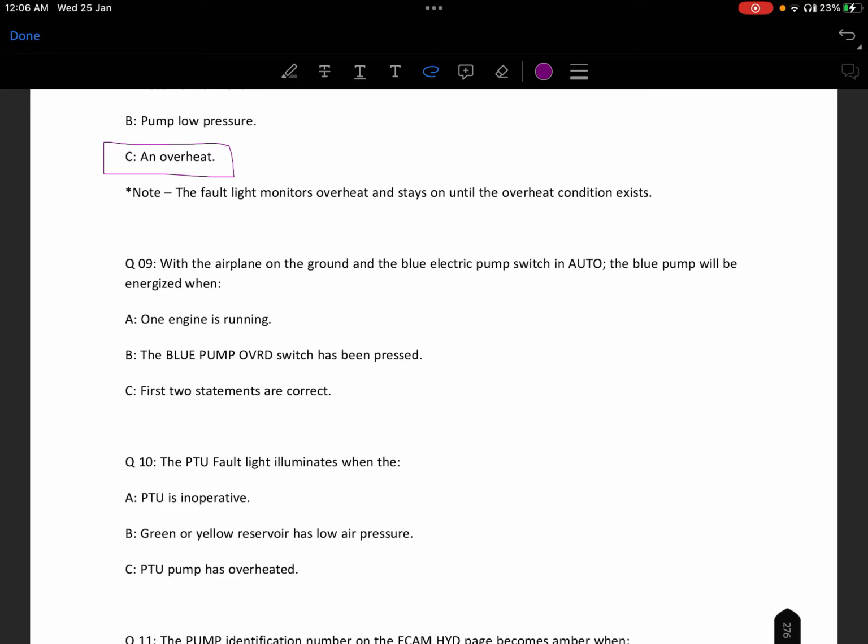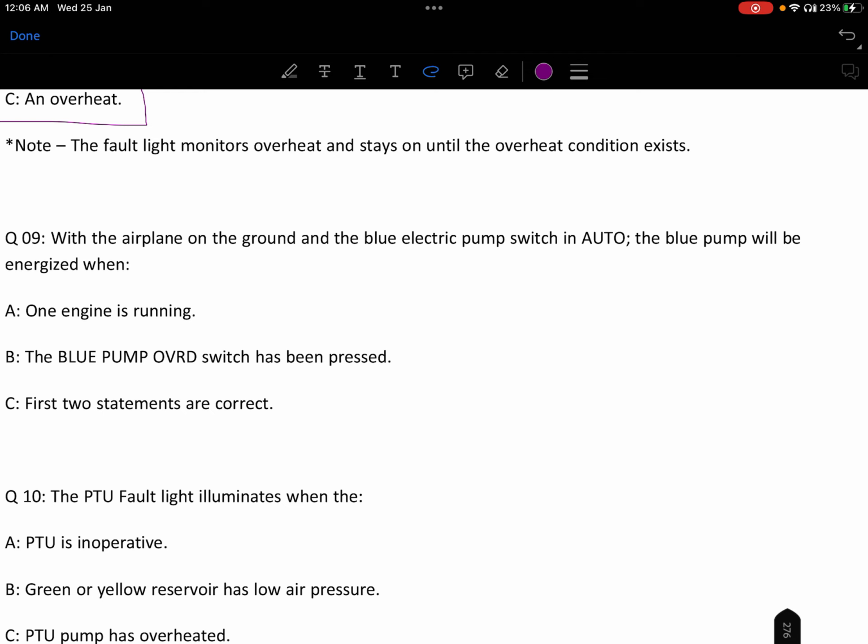Question number 9: with the aeroplane on the ground and the blue electric pump switch in auto, the blue pump will energize. Yes. So what is the logic? Whenever any of the aircraft's engines starts, it pressurizes its respective hydraulic system. Let's say our left engine has started and it has pressurized the green system.